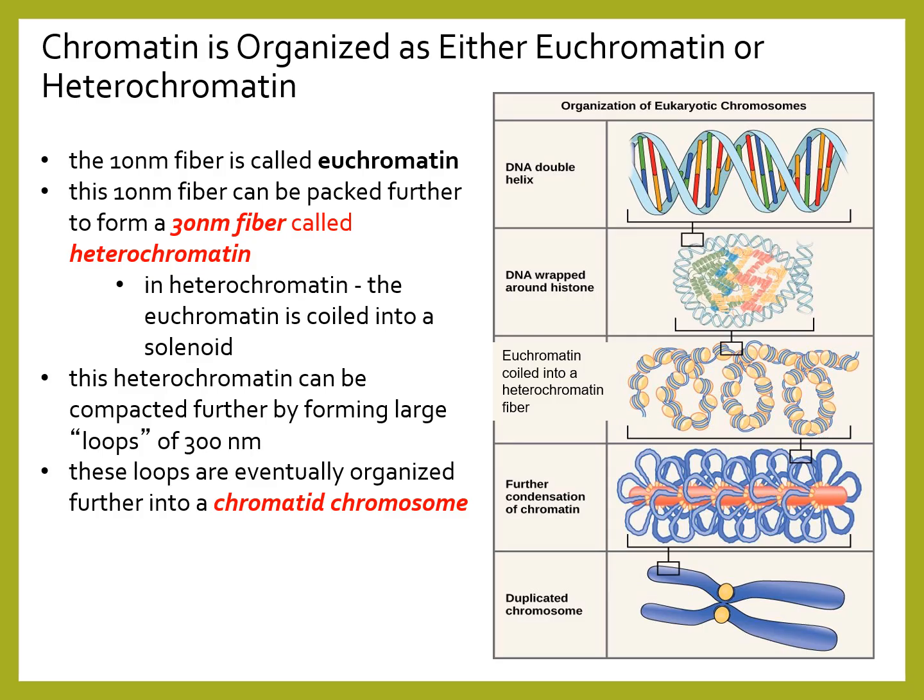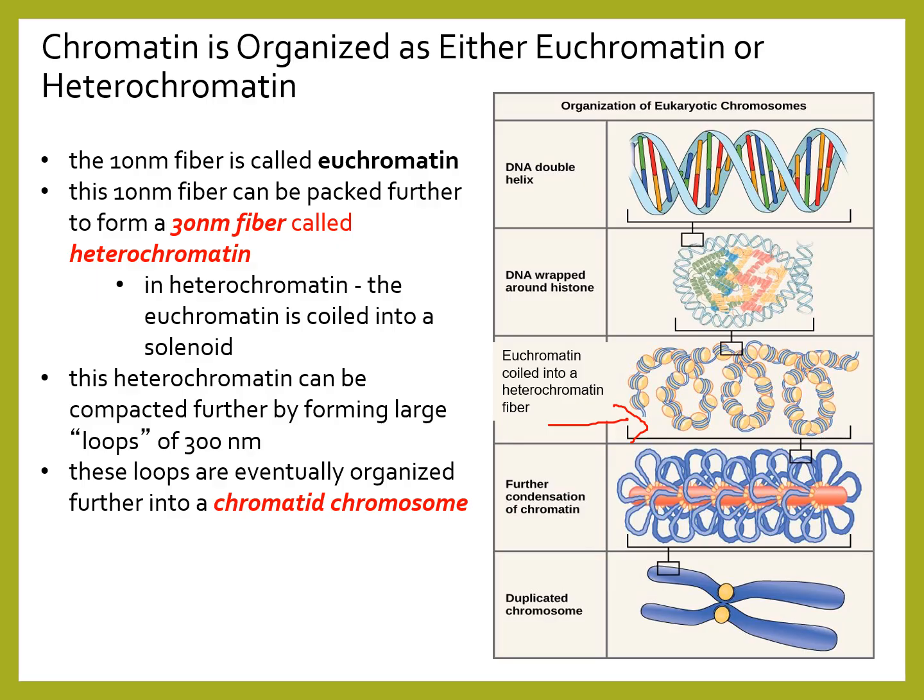That produces a fiber which is 30 nanometers in diameter or width, and it's called the 30 nanometer fiber or heterochromatin. It's kind of a big solenoid structure, so it looks almost like a telephone cord, and it's shown right here, right at this part of the figure. You can see how it looks almost like a telephone cord. That is the 30 nanometer fiber.